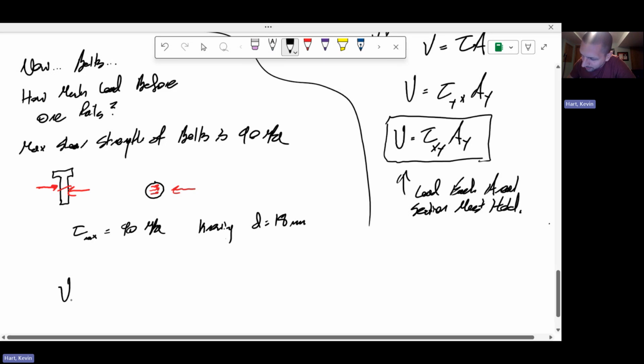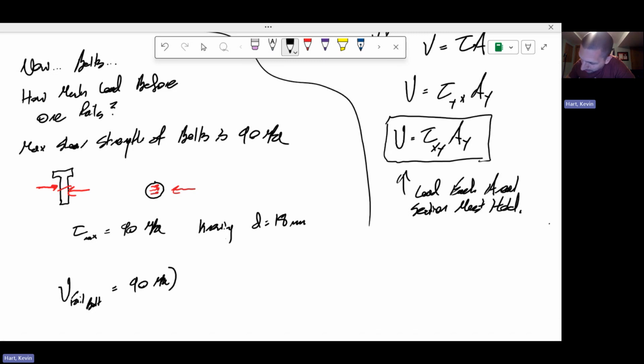So the load to failure for a single bolt here is going to be its failure stress, 90 MPa, multiplied by its cross-sectional area, which is pi times half the diameter, 9 millimeters, squared. Whatever that number is, you can understand how much load it takes for one bolt to fail in shear. Now, you have pairs of bolts that occur every longitudinal distance.